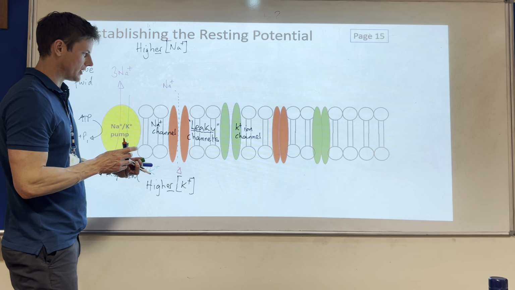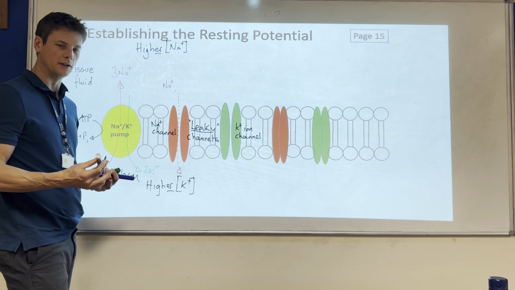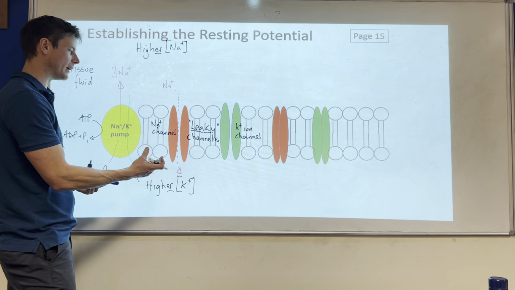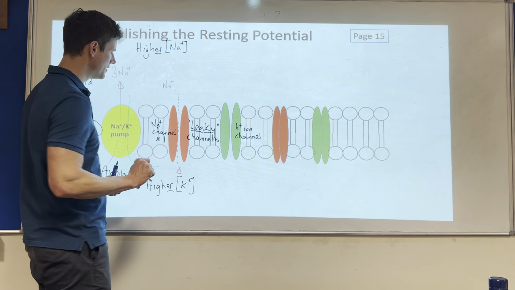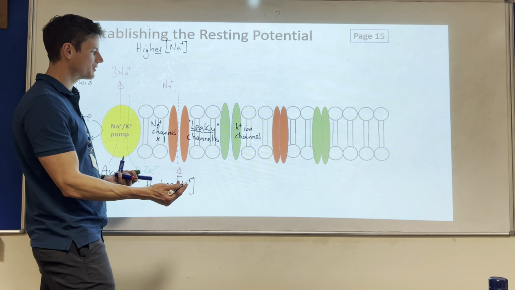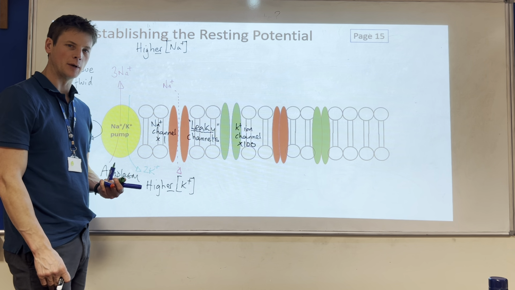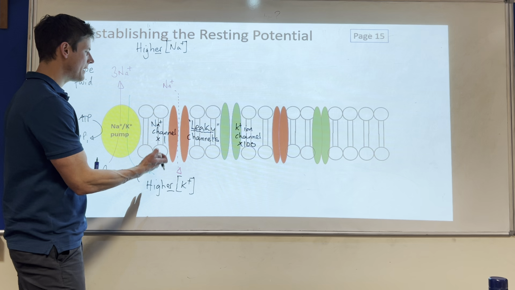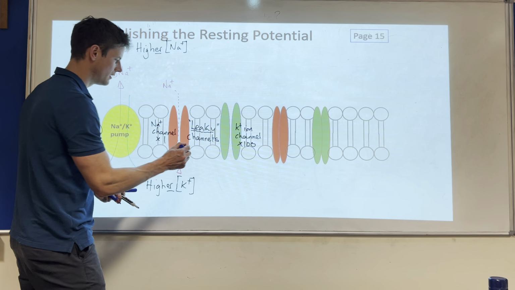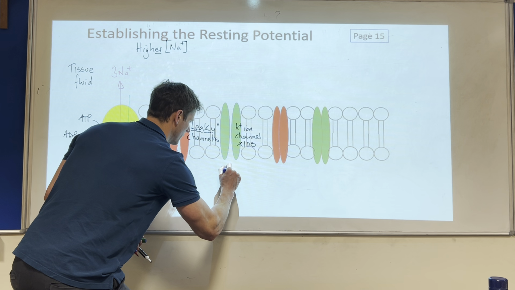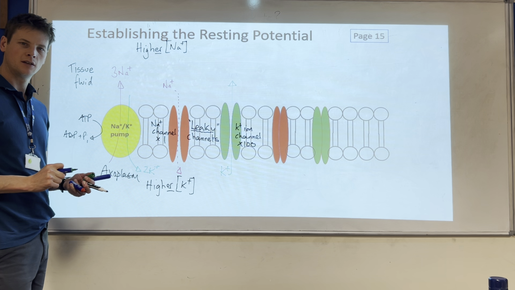The potassium ion channels are much more common. They're much more frequent in the membrane. So if we can imagine for every 1 sodium ion channel, there are approximately 100 potassium ion channels. And that means the membrane is much more permeable to the diffusion of those potassium ions out.